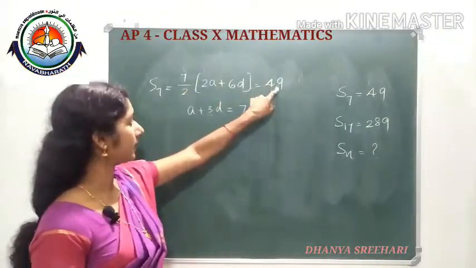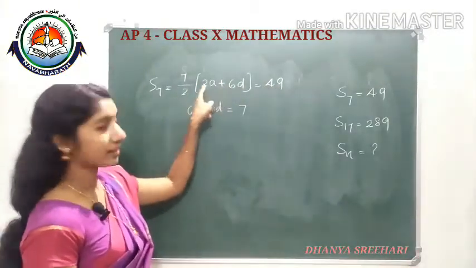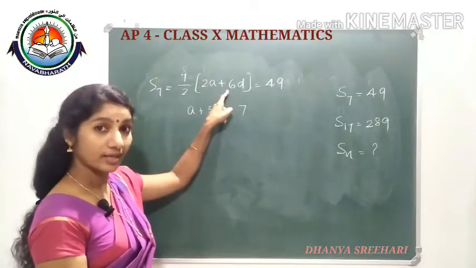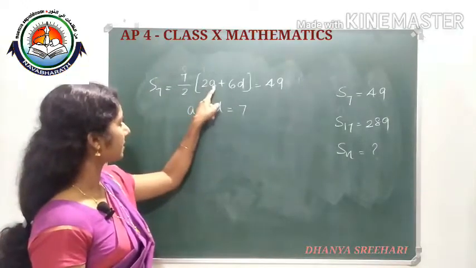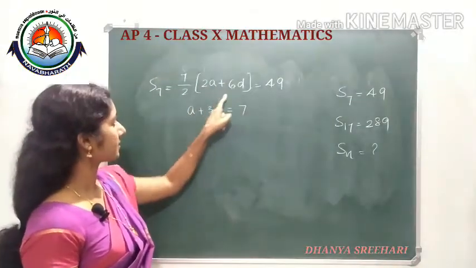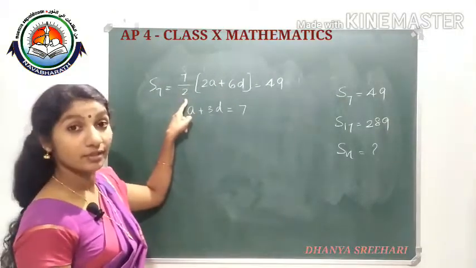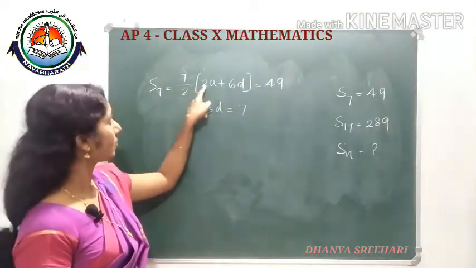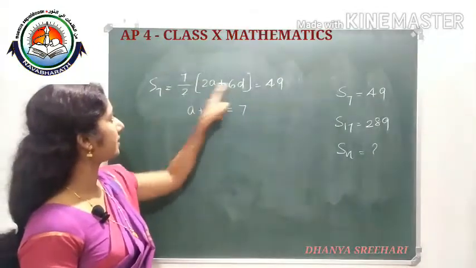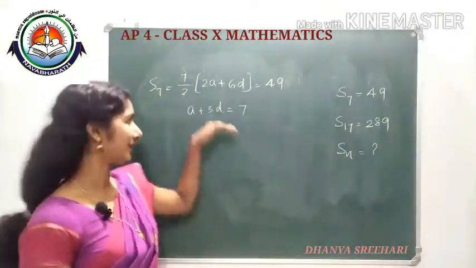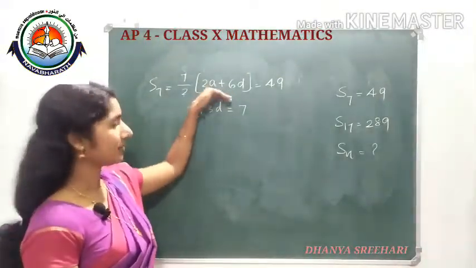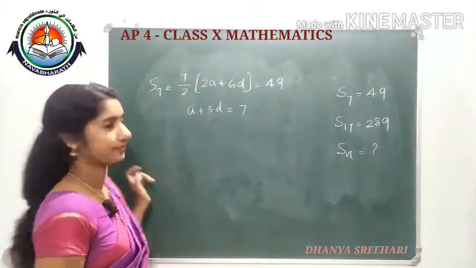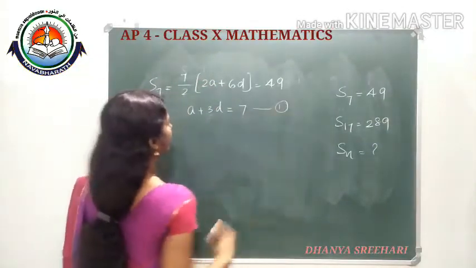So here 7 will come and 2 is a common factor inside the bracket, so we can cancel that one. So 2 cancelling, we are getting a plus 3d. Why cancelling? Our denominator 1, 2 is there, so we are dividing by 2. 2a by 2 is a, 6d by 2 is 3d. Anyway you can make the equation like this. Okay. In between if you are writing many steps also no problem. So we got one equation.